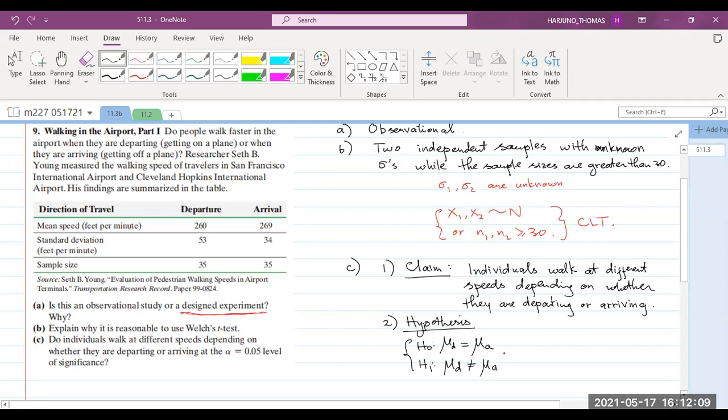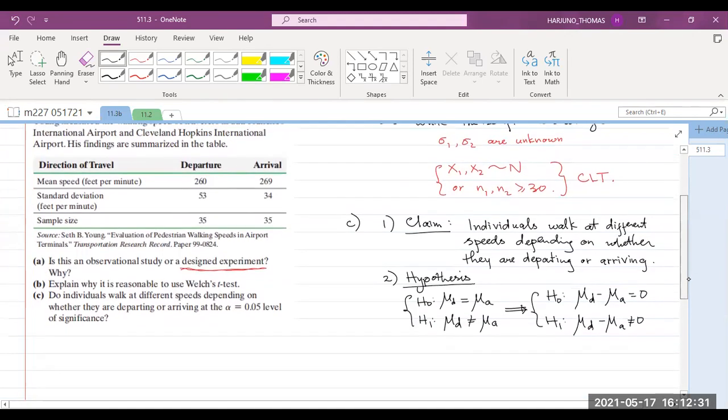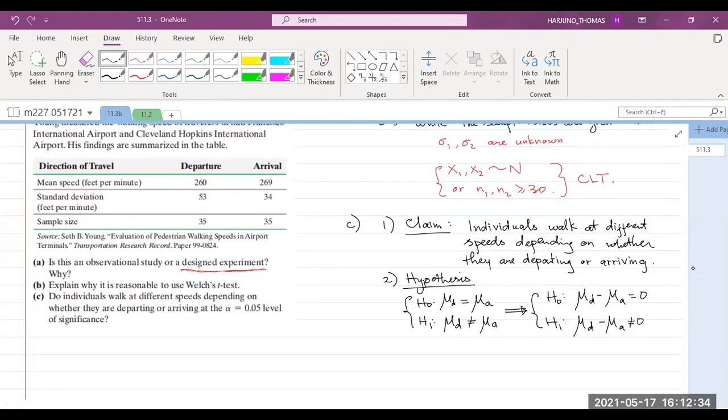But we don't have a constant on one side here, so we need to modify this. Null hypothesis: mu departure minus mu arrival equals 0. Alternate hypothesis: mu departure minus mu arrival not equal to 0. Now the claim is with the alternate hypothesis and it is a two-tailed test.